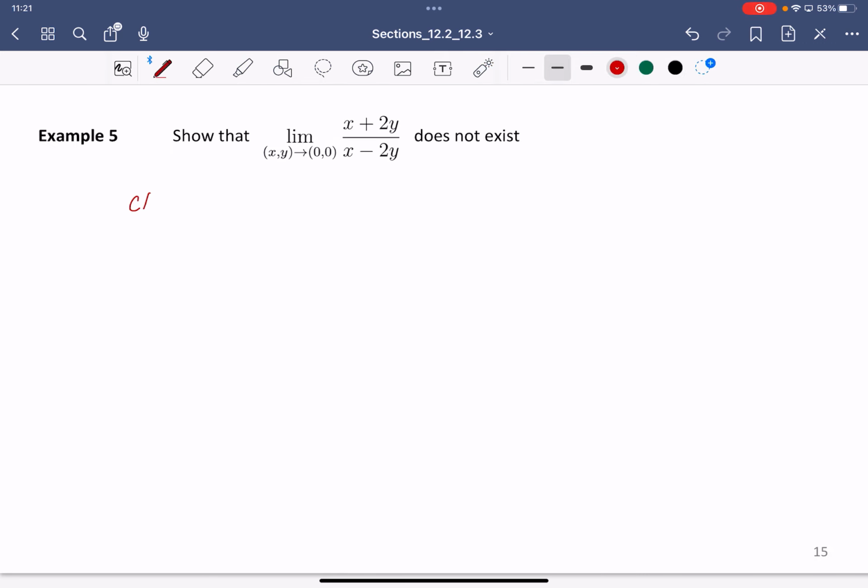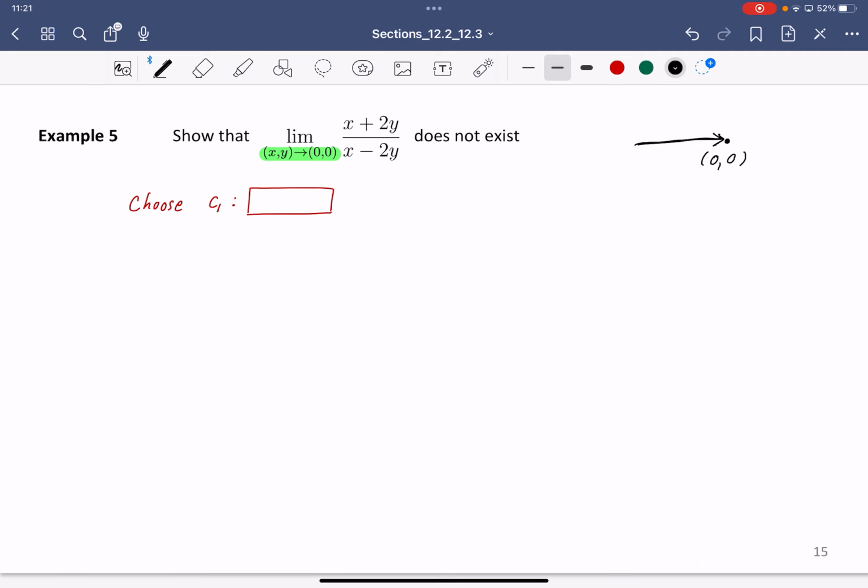Choose C1 to be the line you want. Let's suppose the point that I'm taking the limit to is 0, 0, right? So I need any line that passes through 0, 0. First of all, I can pick x equal to 0 or y equal to 0 for sure. I'm going to pick the first one, the line y equal to 0.